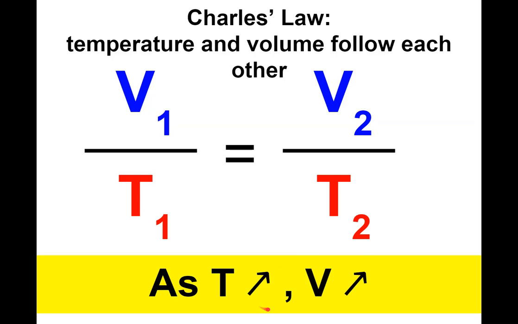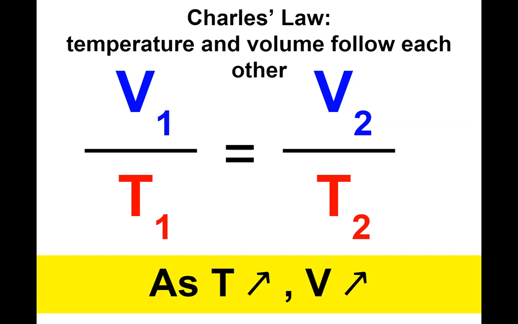As the temperature goes down, the volume goes down. Also, this is less apparent if you're just thinking about it: if you change the volume, the temperature will change. If you expand a gas, it cools down.